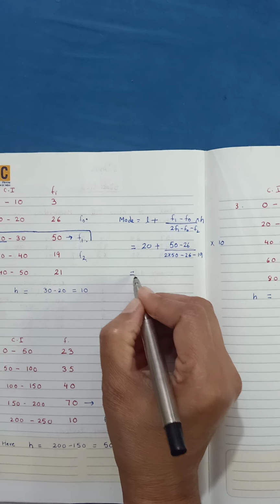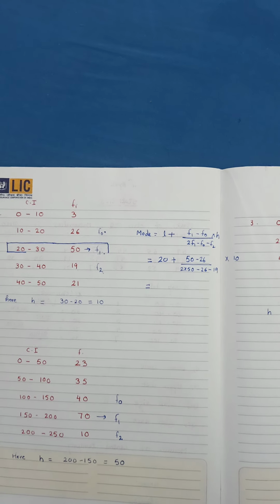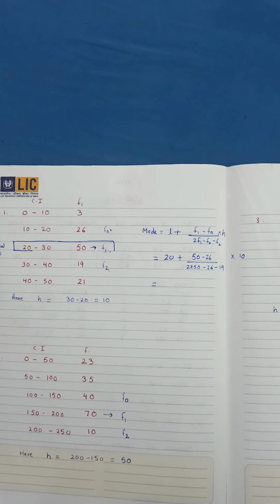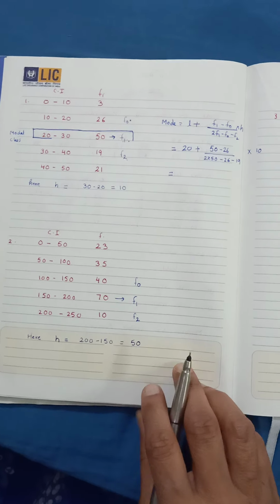Okay, we are not going to solve it here, we'll be solving later on. Try to understand only what is F1, F0, what is H, what is L. Substitute the value in the modal formula and get mode.